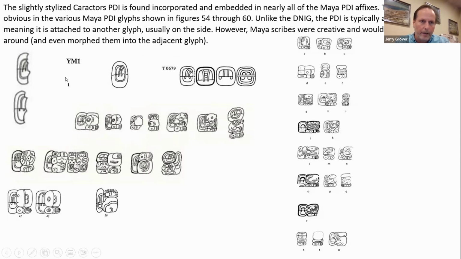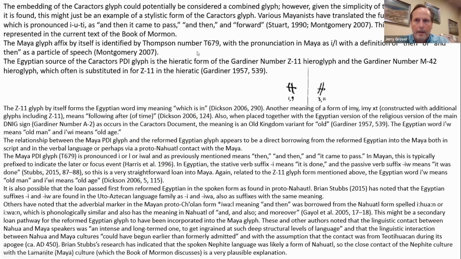And basically the pronunciation is just I, which is an E of that particular affix glyph, which is the PDI glyph, both in the Maya and in the Reformed Egyptian.